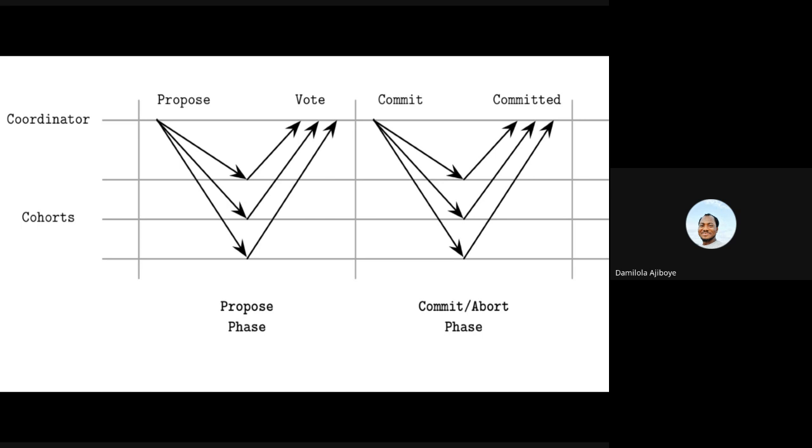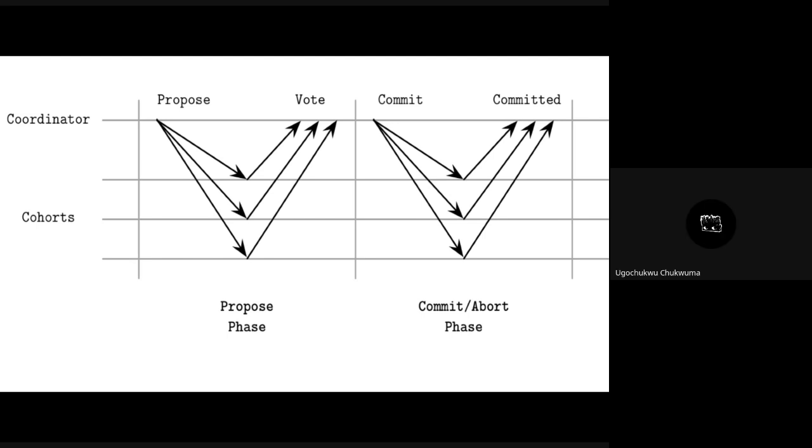So if the acknowledgement fails for a particular cohort, I think that's what they are called, does the coordinator assume that the transaction failed? Yes, I think that would answer the question. If it doesn't care about the commitment acknowledgement, then maybe. But how would they know that everyone committed?